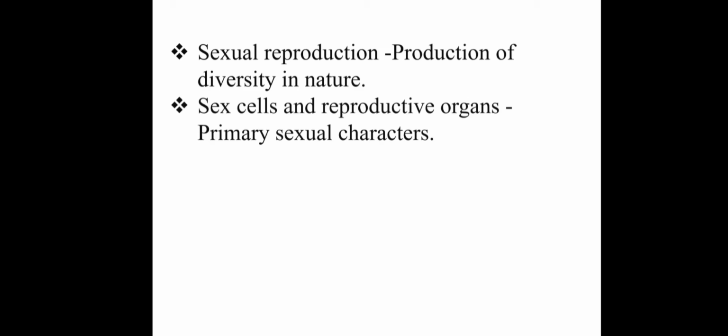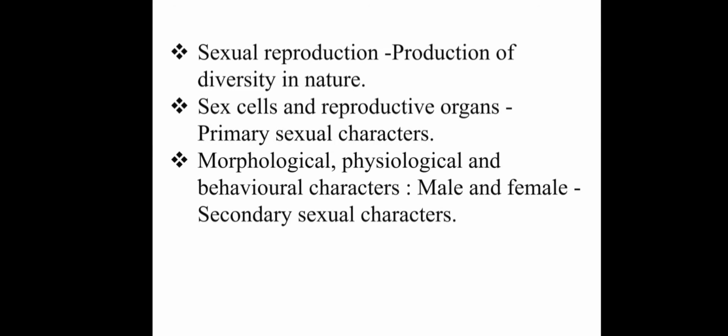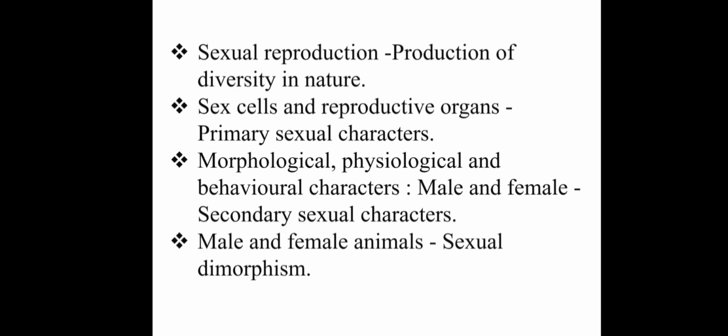In this natural system, the sex cells and the basic reproductive organs are called the primary sexual characters. Morphological, physiological, and behavioral characters exhibited by male and female of the species are called the secondary sexual characters. Thus, the characteristic difference between male and female animals constitutes sexual dimorphism.